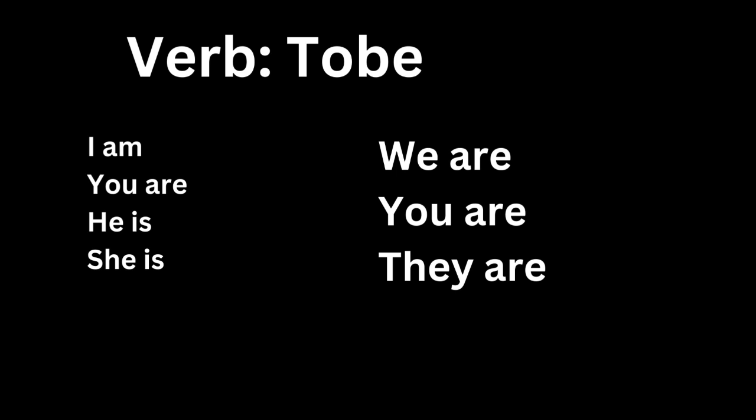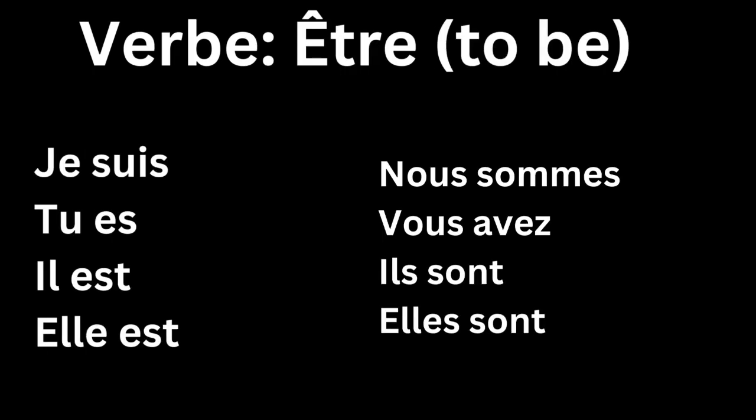Also in French, one more time, the verb to be is going to take up different formats depending on the pronoun. There we have our conjugation of the verb être. Être. That means to be. Let's read together. Je suis.